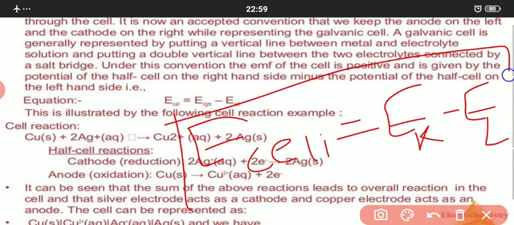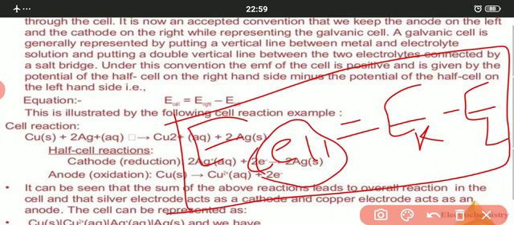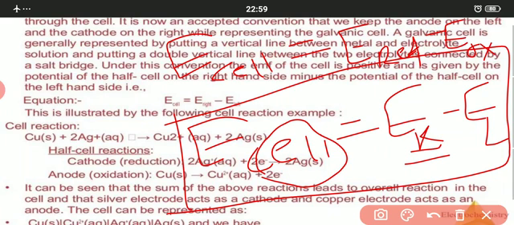It is a very important equation for numericals. What is on the right side? The electrode which gets reduced, so reduction minus oxidation. In another way, we can say E reduction minus E oxidation.